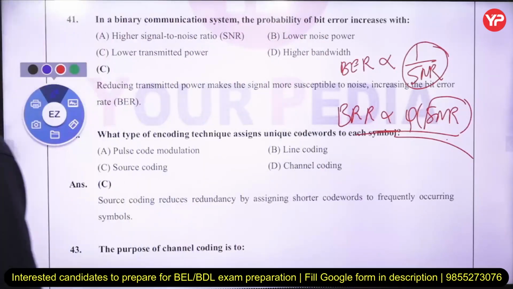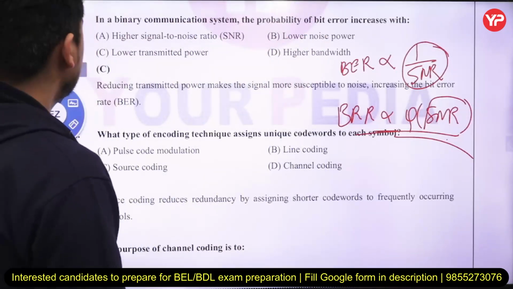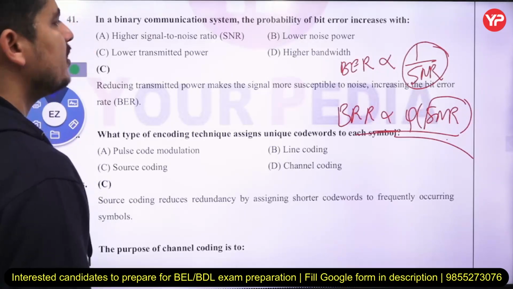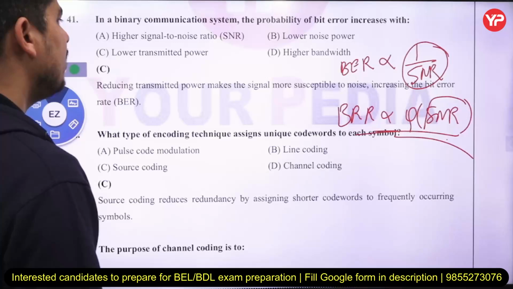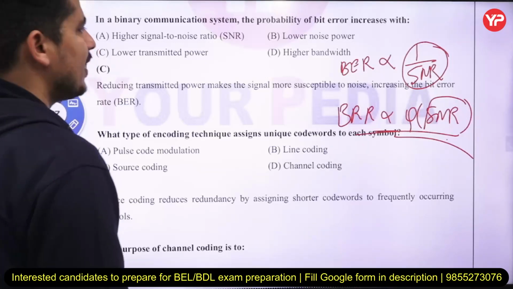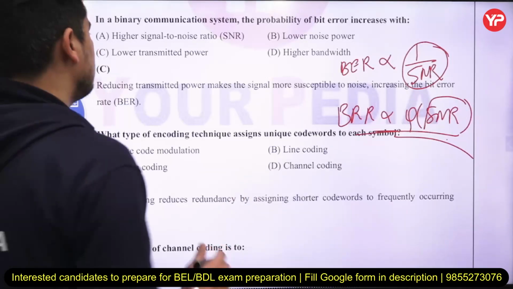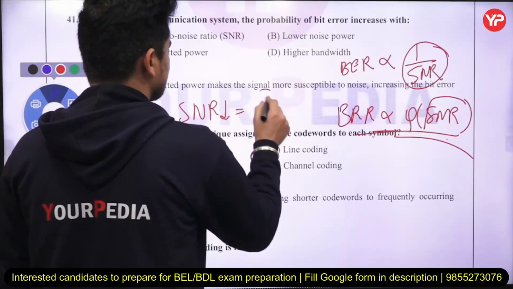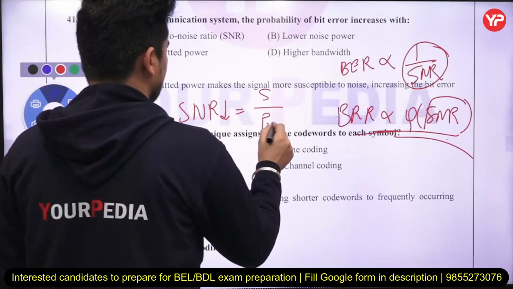So what will be the answer? Lower the transmitting power. See, the binary bit error rate will increase, it means SNR will decrease, right? Bit error rate increase, SNR decrease. SNR is signal power upon noise power.